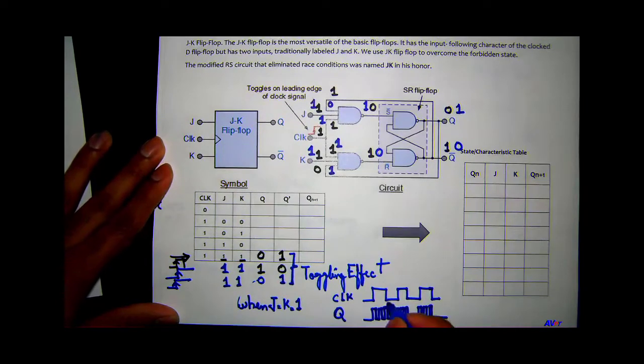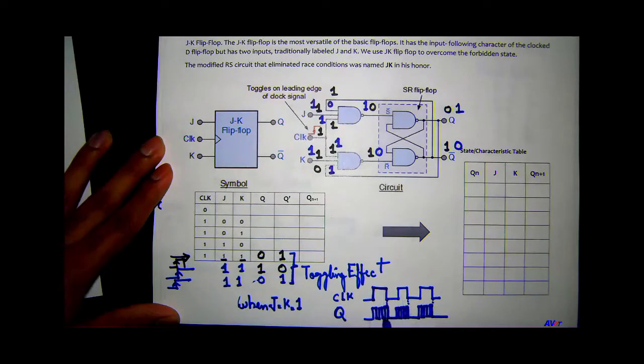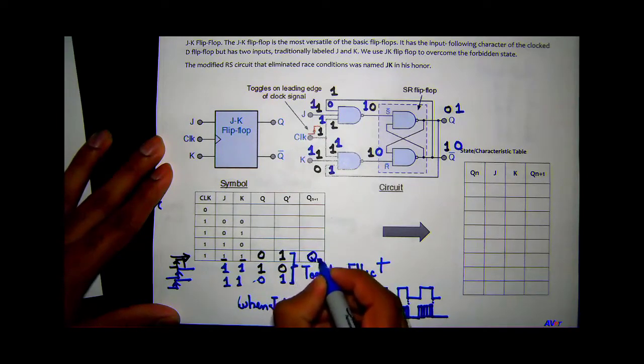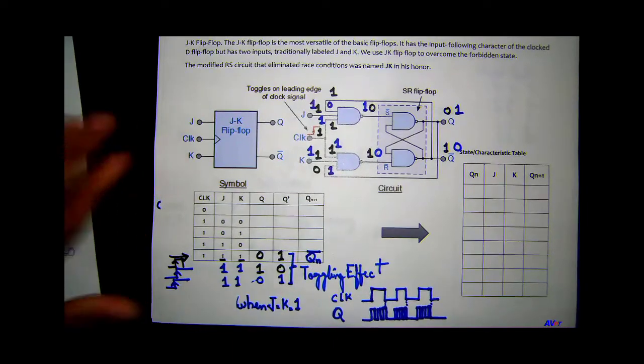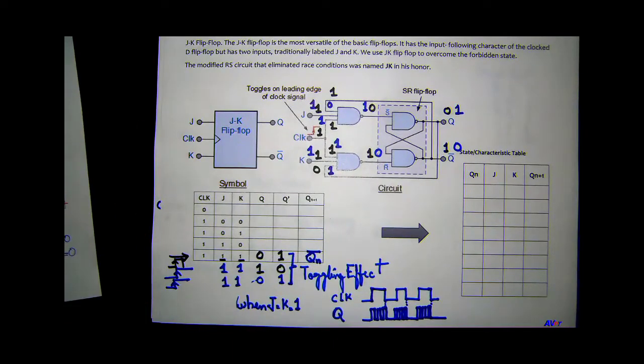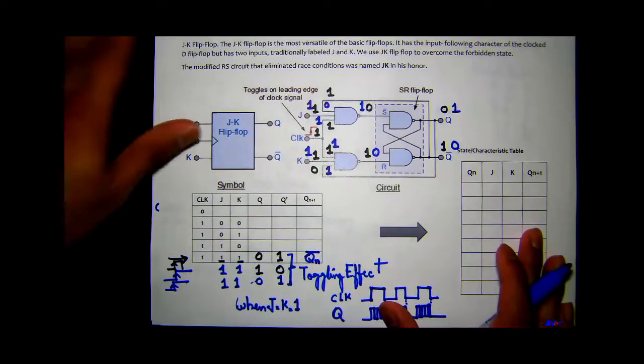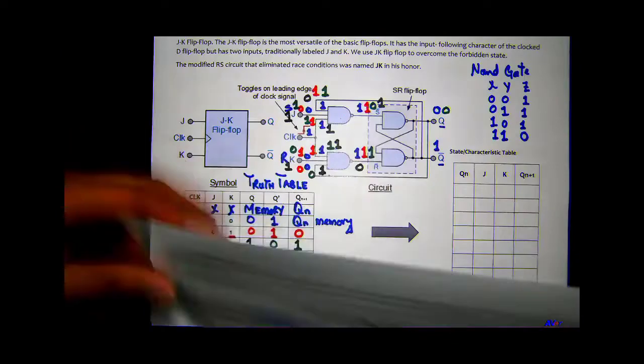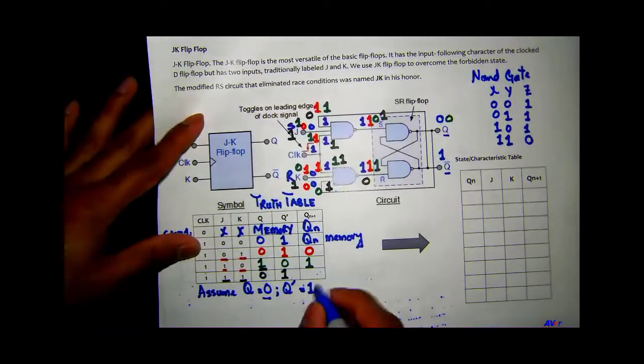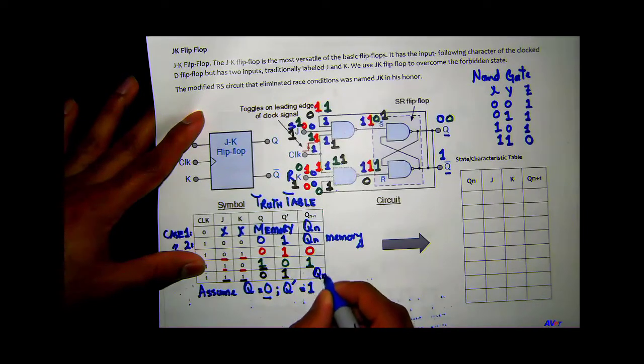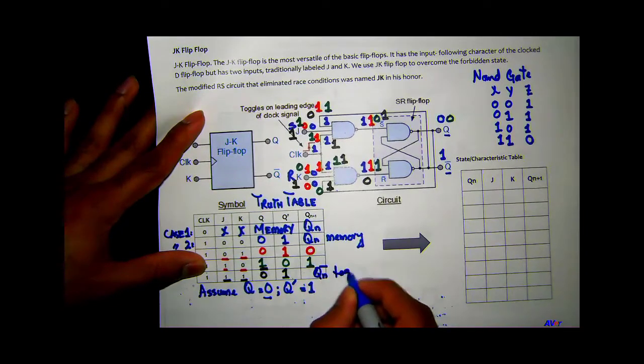Okay, so this is one clock cycle. This is 2. For the amount of time the clock is high, it is actually going to toggle between 0 and 1, and that's what it's doing over here. So this is going to be Qn bar on the whole thing. So the next state is going to be the complement of the previous state. If I go back to this sheet right here now, again, this would be Qn bar, and this is the toggling effect.